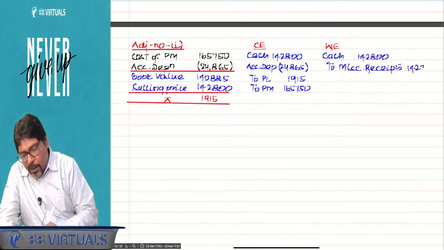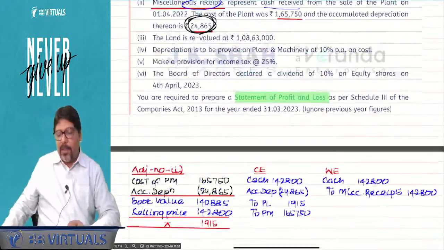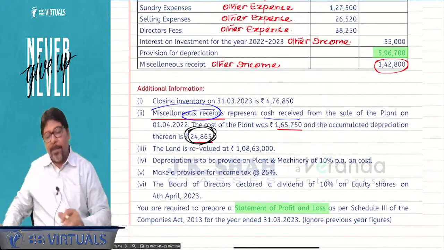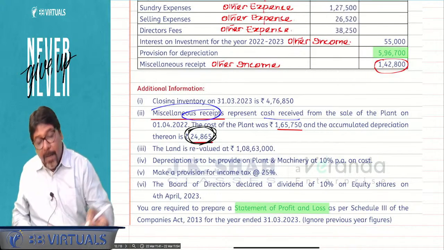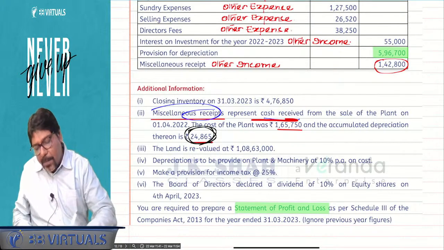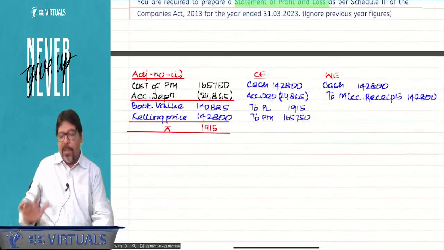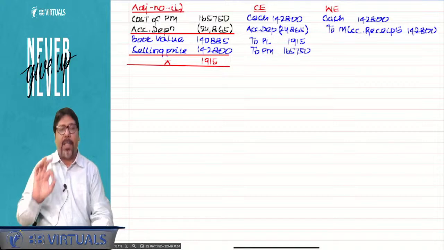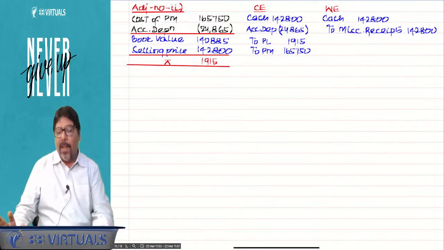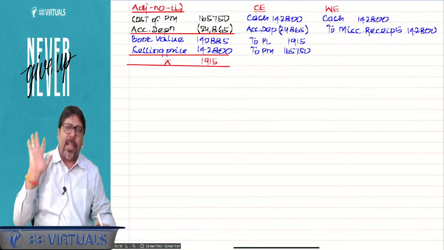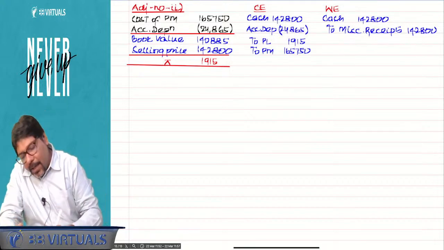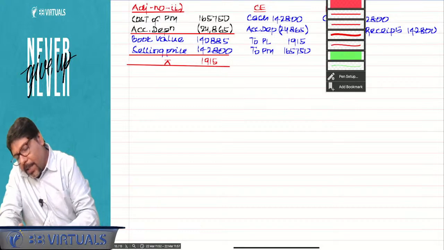Because, my wonderful chartered accountants, it is given in the question that 142,800 represents the cash price received from sale of asset. The accountant passed this entry. Now tell me, chartered accountant, what shall be the correct journal entry? You know the wrong entry, you know the correct entry. Now tell me what shall be the rectified entry.